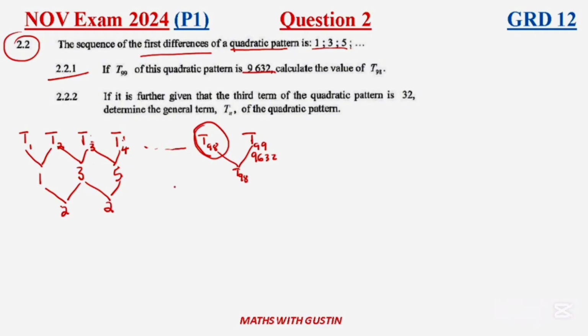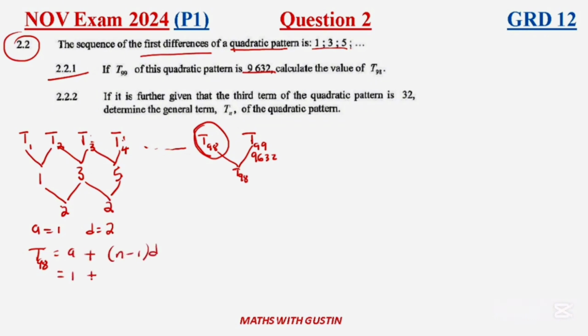Okay, so now how should I illustrate this? Oh yes. Okay, it means here now what you can do, you can go and find the formula of the arithmetic sequence. Because we know that a here is equal to 1, and then the difference there is equal to 2. So therefore T98, when you have to find this term here of arithmetic sequence, you're going to use this formula here.